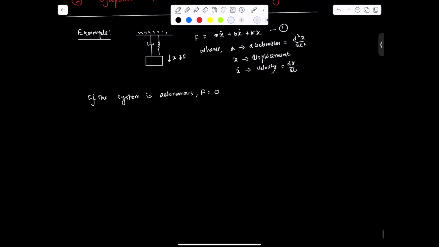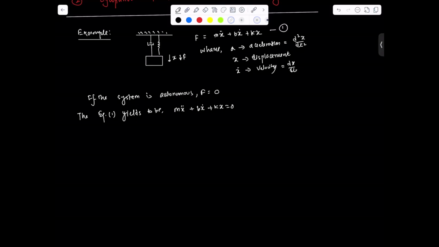Equation one yields m x double dot plus b x dot plus k x equal to zero.